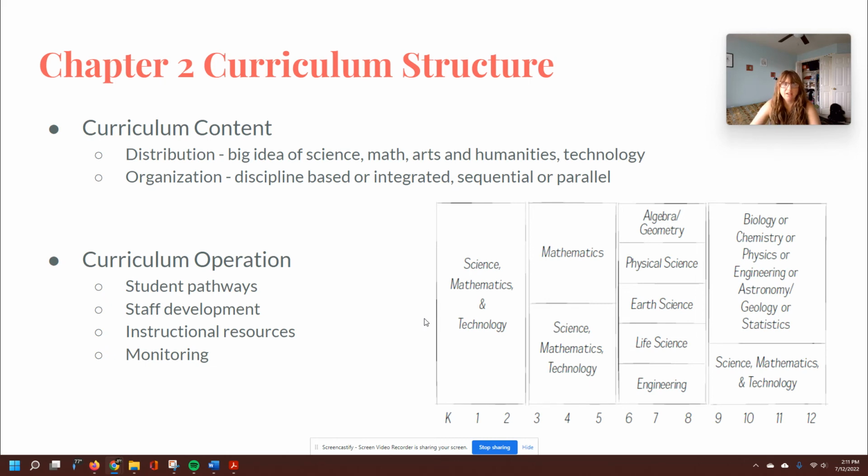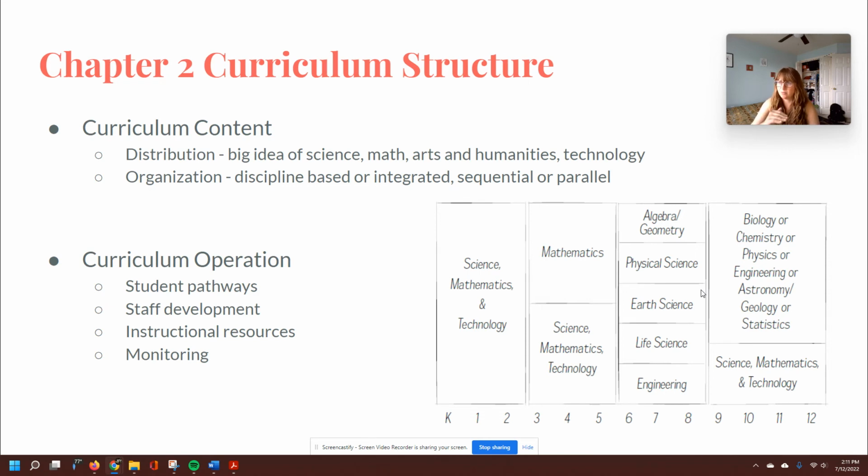And then also with curriculum content, the organization. So discipline-based or integrated. Again, is it going to be separate disciplines, like we have over here, where all the courses are very separate, or integrated, meaning they're taught a little more together? If y'all have any experience with integrated math, I don't.